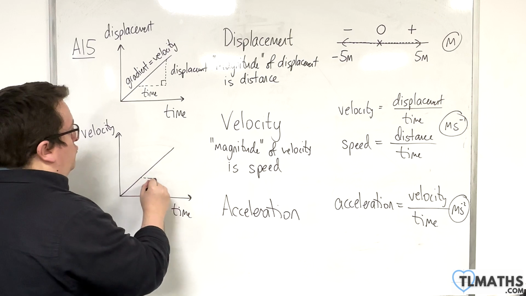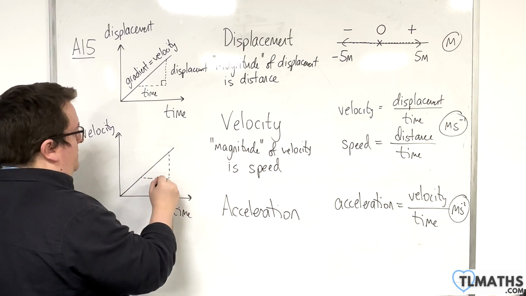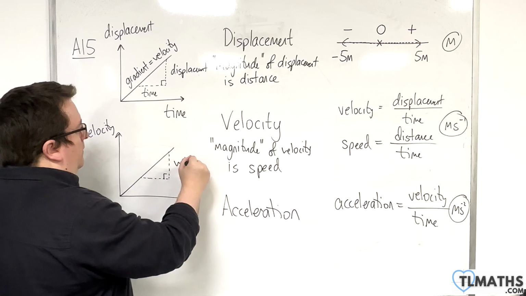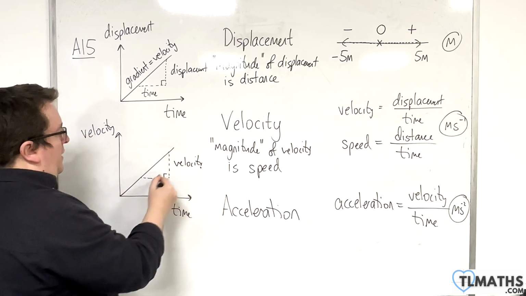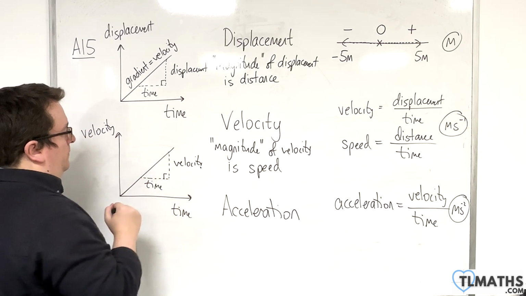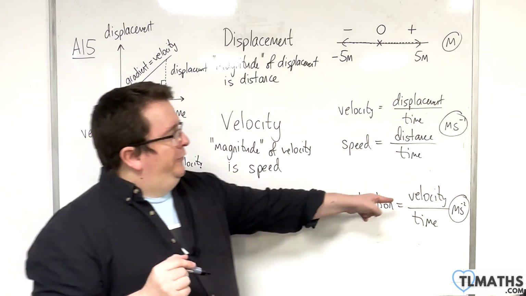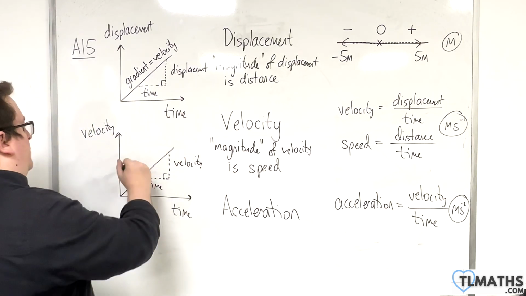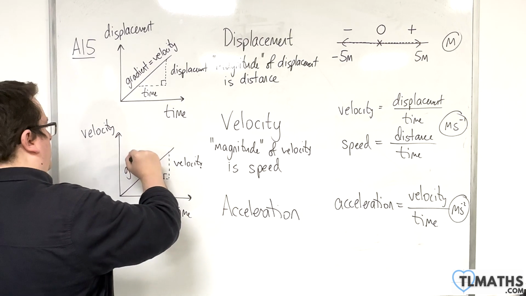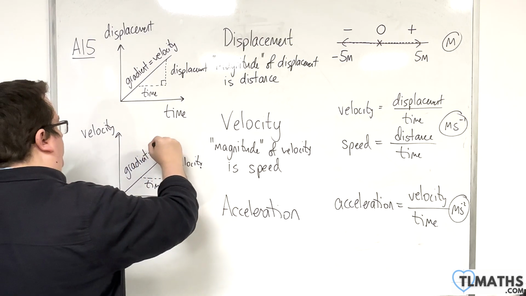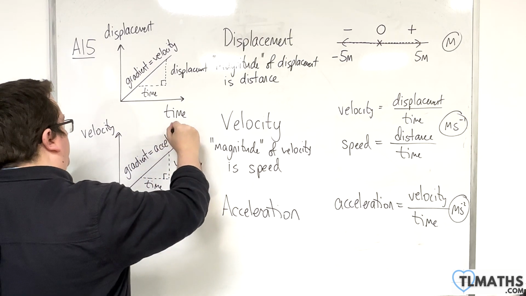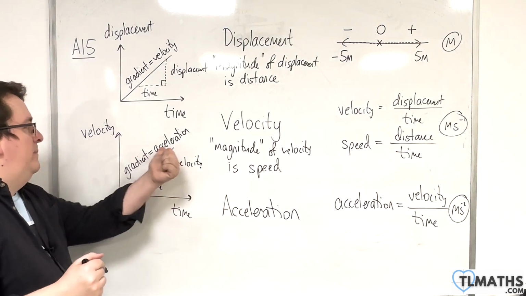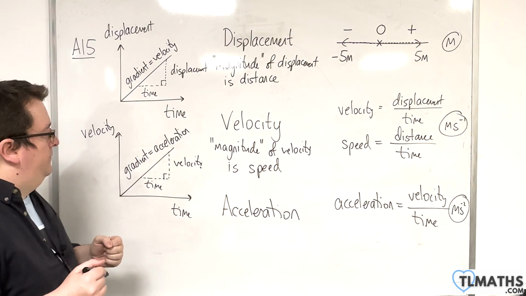If you were to look at the gradient of this line, this would be a change in velocity divided by a change in time. So the gradient is equal to the acceleration. So when you're looking at a velocity time graph, the acceleration can be found by working out the gradient.